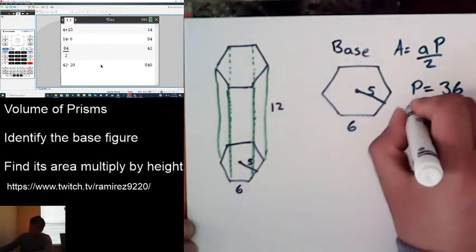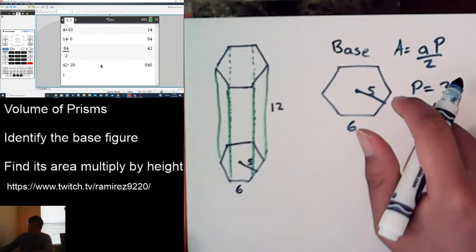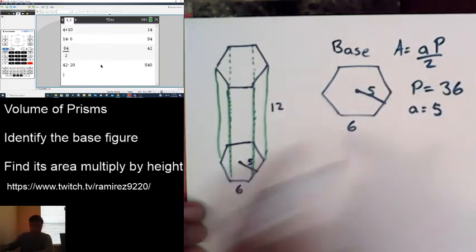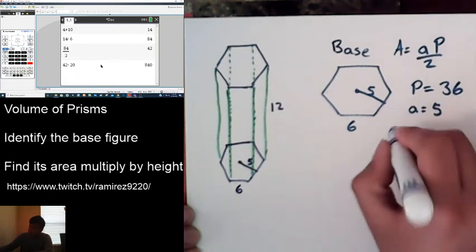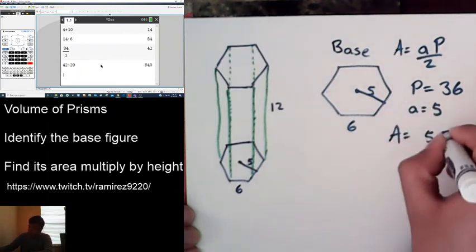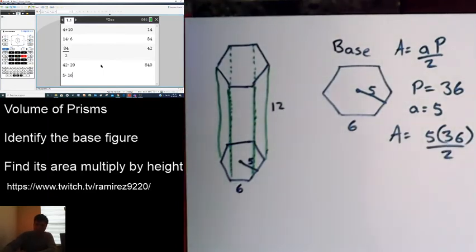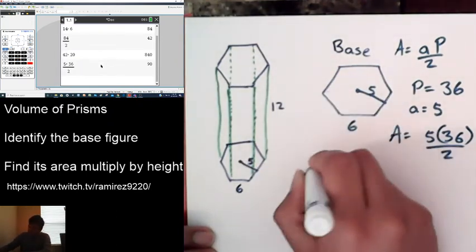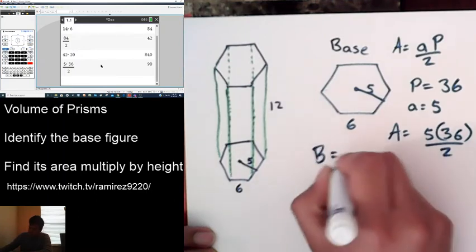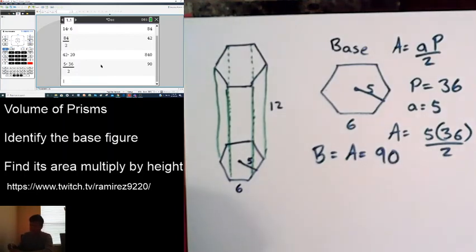This one we really didn't have to do much because everything was given. But you might encounter problems where you have to find the unknown values. Again, just look at the video on how to find the area of a polygon. So here the area is just 5 times 36 divided by 2. The area of this figure, which I can represent with big B, is 90, because big B stands for area of the base.